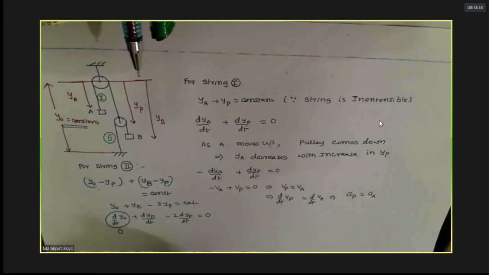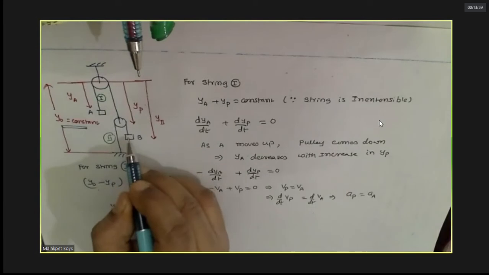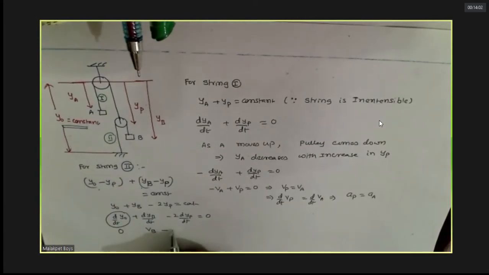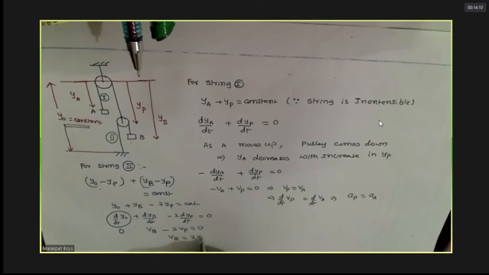Distance between two fixed points will be constant. See, because as this moves down, string length increases. Do you agree with this? Yes, sir.